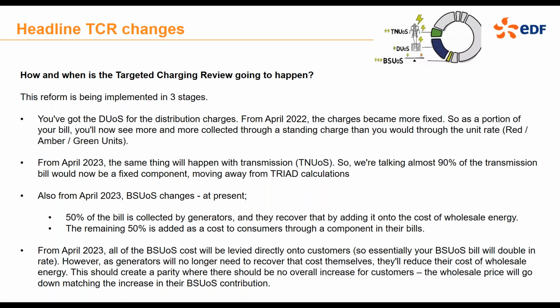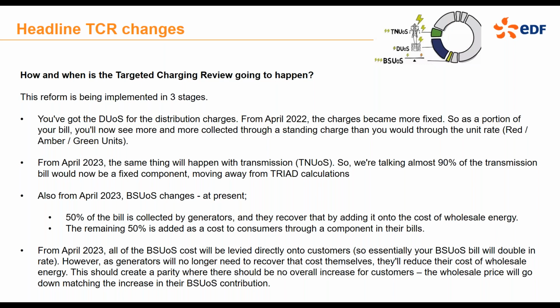So in April 22, they made some changes to the distribution charges, so BSUOS, and what they did was they significantly reduced the value of the red, amber, and green units that were charged for half hourly. And they transferred some of those costs into a much higher fixed standing charge. So from April last year, you would have seen a much bigger distribution standing charge and a much lower set of red, amber, green rates.